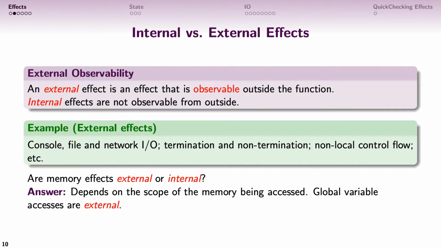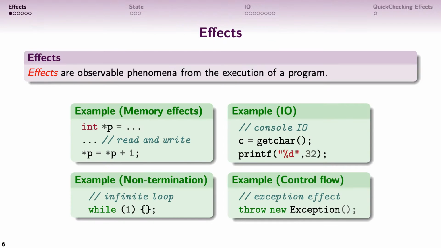And the reason is clear if I show you some of our examples of effects. Haskell functions only access memory from within parameters that they've been passed in, so the memory effects are all internal, so that's okay. They can't do I/O. We haven't seen any functions do I/O yet. You might think you have, but what's been going on is every time we evaluate a function, we just pass the result of that to GHCI, and GHCI might be doing the I/O.